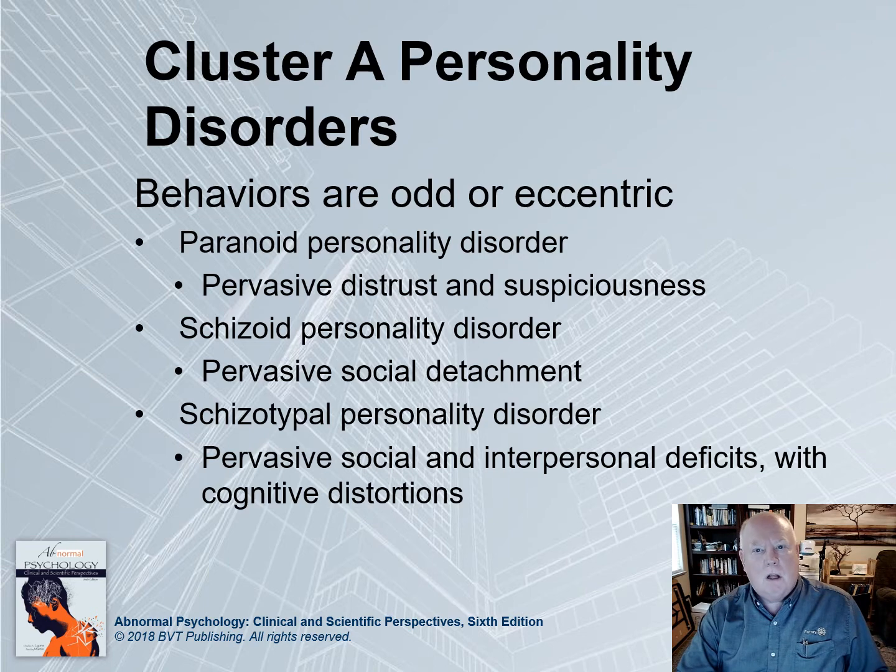So let's start with cluster A personality disorders. We have 3 disorders within that: paranoid personality disorder, schizoid personality disorder, and schizotypal personality disorder. I'll be talking about each of them in turn, so I'm not going to define them just yet.